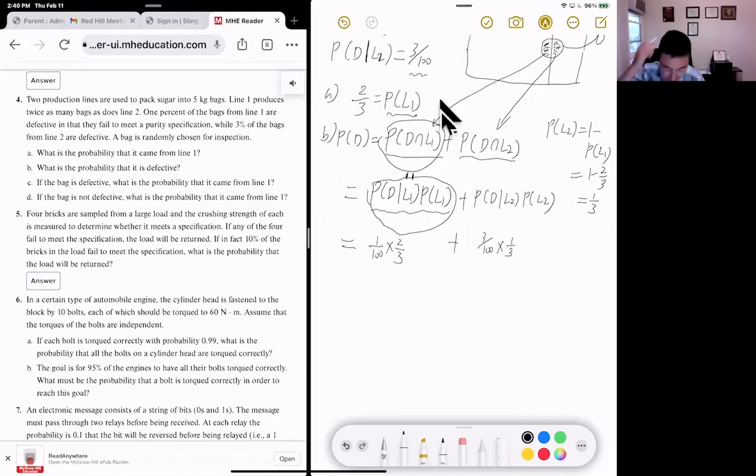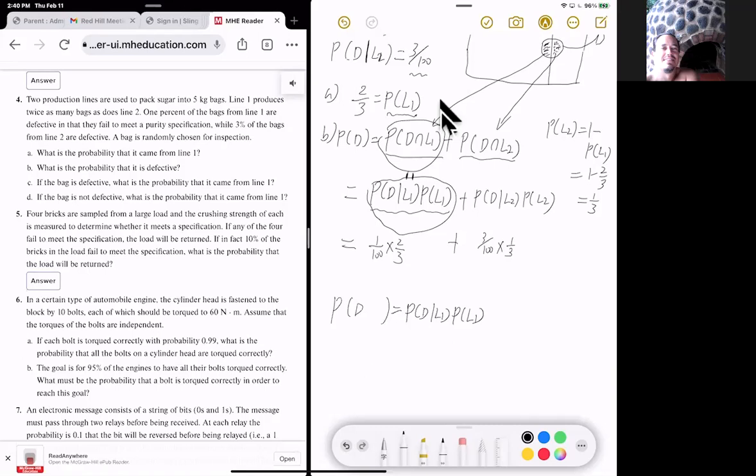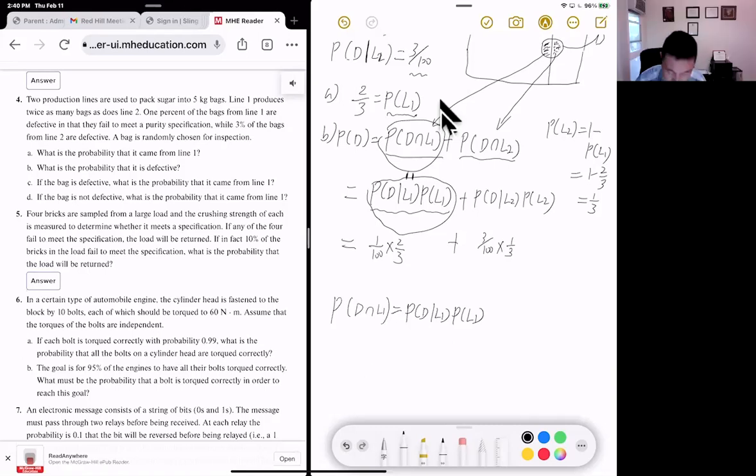Again, as I said, P(D and L1) is equal to P(D given L1) times P(L1), based on conditional probability.